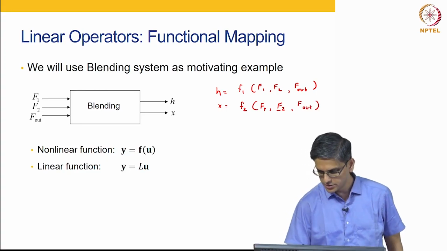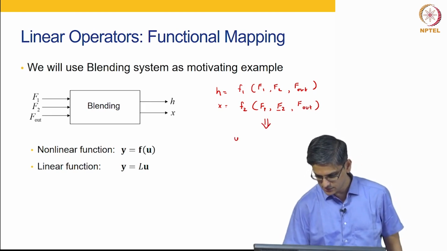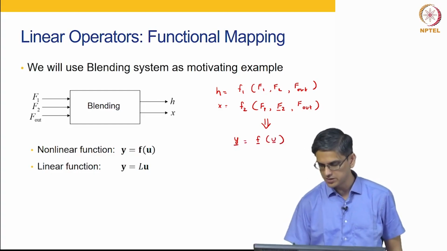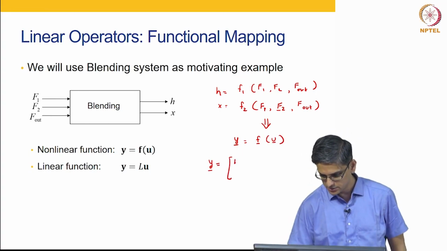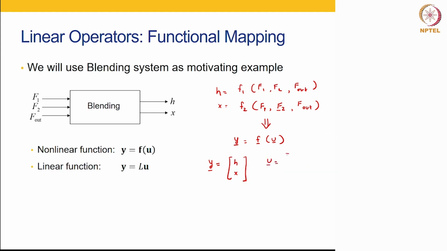In matrix notation, we will represent this as y bar equal to f bar of u bar, where y bar is nothing but H and X, u bar is nothing but F1, F2, F out.